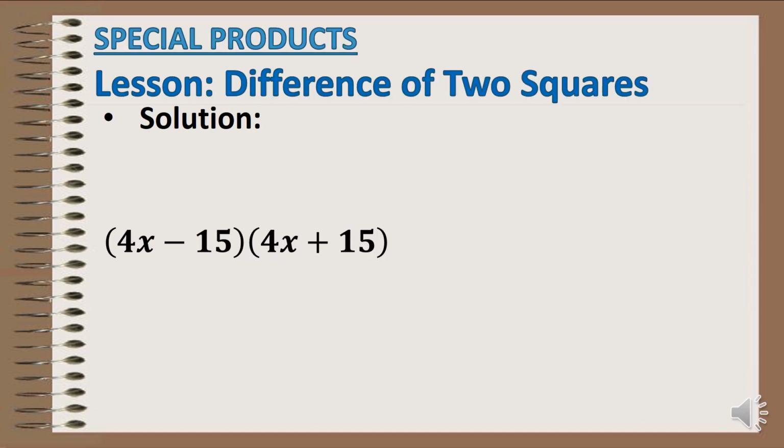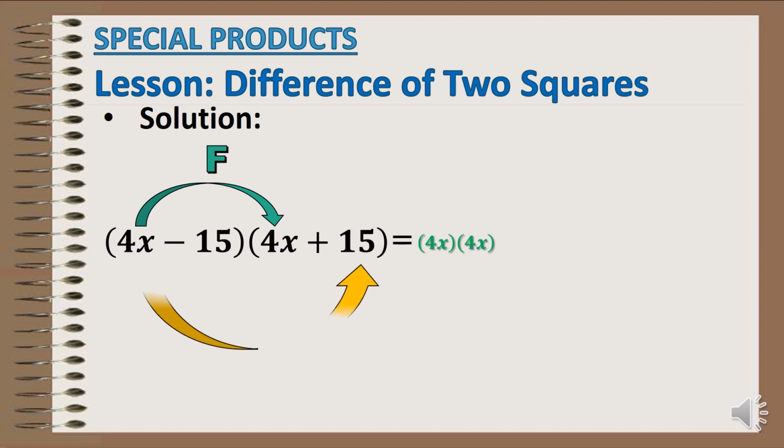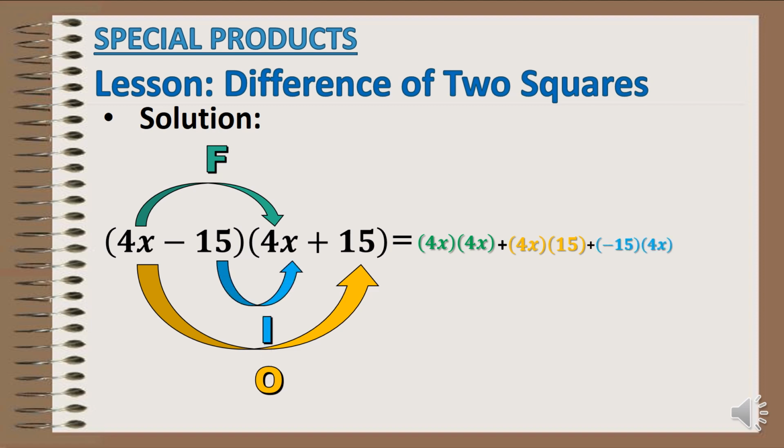The quantity of 4x minus 15 times 4x plus 15 is equal to, first terms, we have 4x times 4x. Outer terms, we have 4x times positive 15. Our inner terms, we have plus negative 15 times 4x.